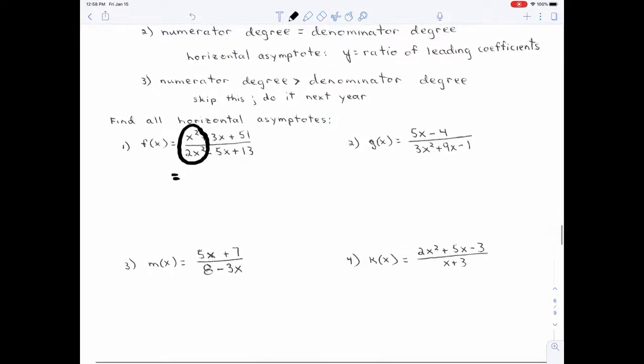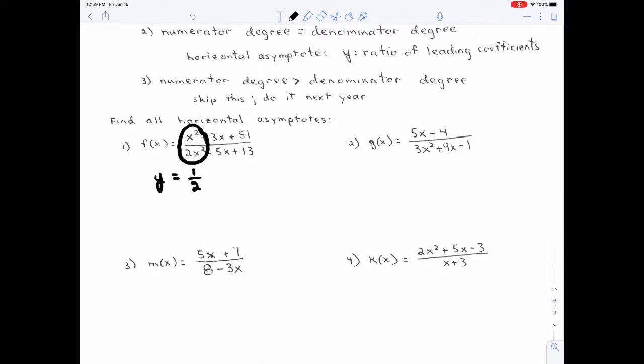Since the degree of the top is the same as the degree of the bottom, we take the ratio of the leading coefficients. In other words, we write a fraction that just has the leading coefficients. The leading coefficient of the numerator is 1 because it's 1x squared, and the leading coefficient of the denominator is 2. So the horizontal asymptote is a horizontal line at y equals 1/2.